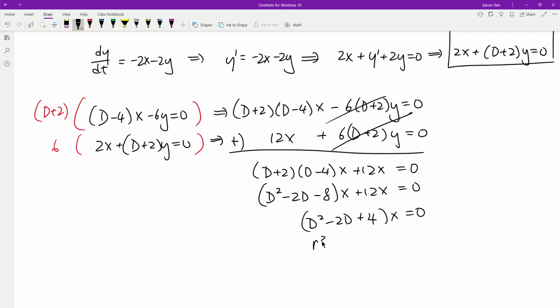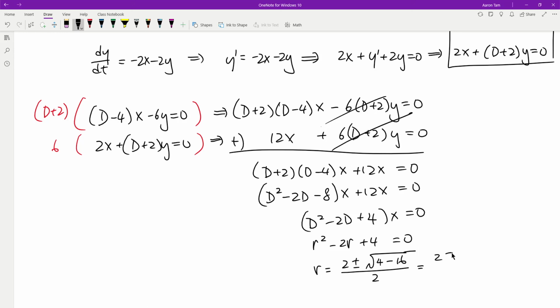If I now say r squared minus 2r plus 4 equal to 0, that's our characteristic equation, then r should equal negative b, which is 2, plus or minus the square root of b squared, which is 4, minus 4ac, so 4 times 1 times 4, which is 16, over 2.